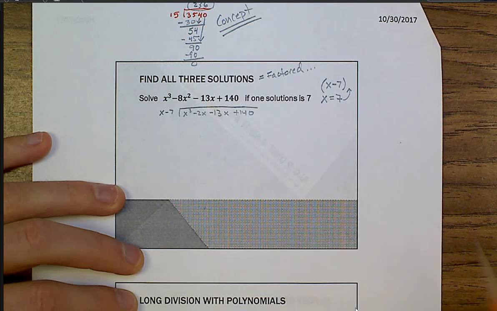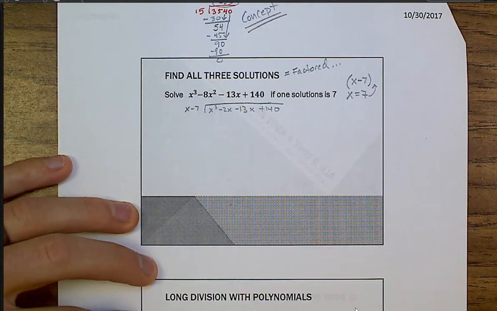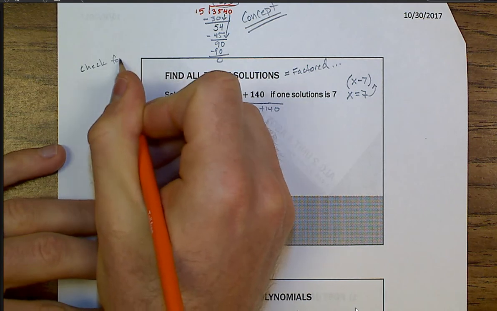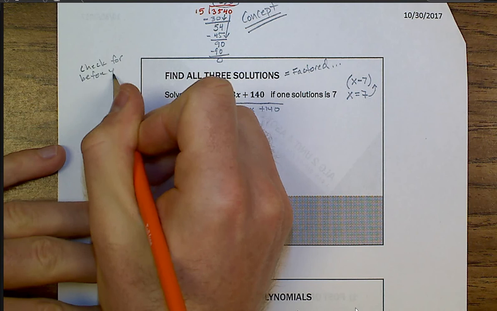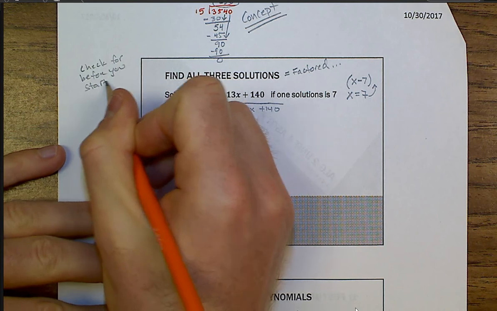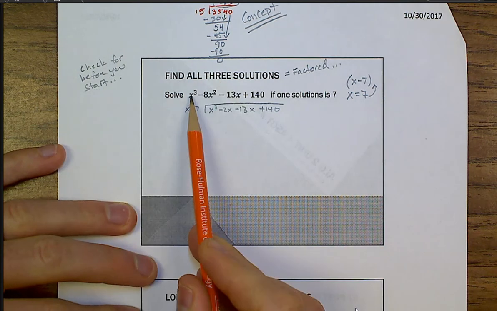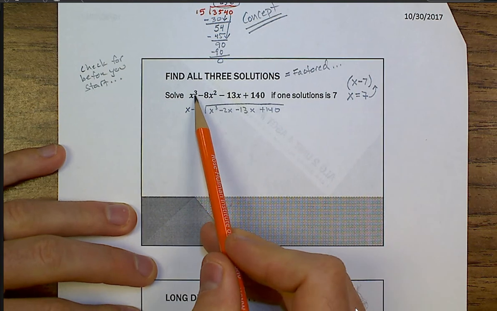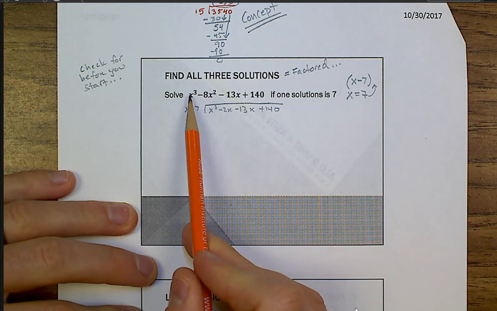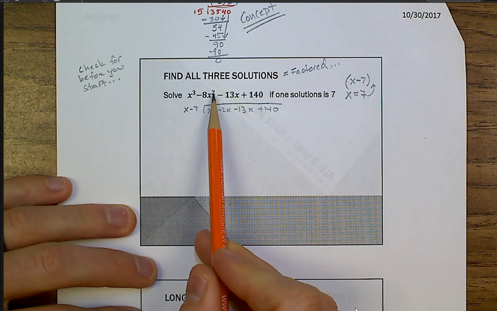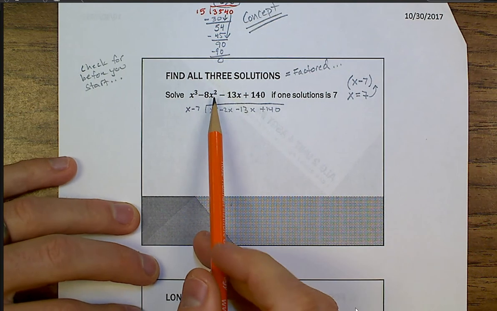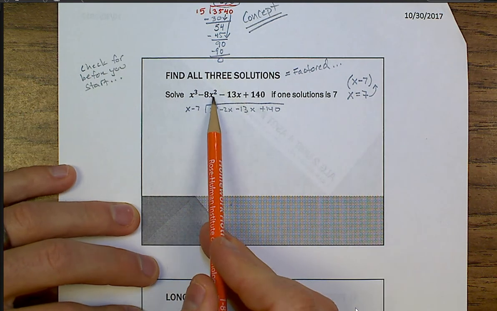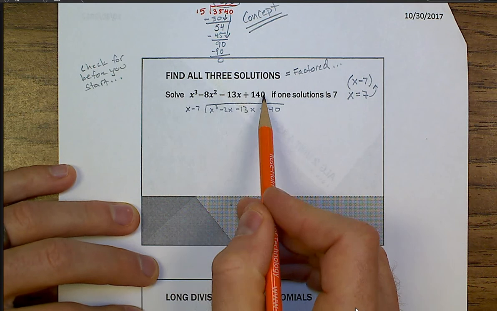One thing to keep in mind that you want to check before you start: you have to make sure you have an x to the 3rd, or whatever the highest degree is. It could be a 4, it could be a 5, but they have to go in order. If you have a missing term, you have to put in a 0x with that power for it. On this one, we have x to the 3rd, x squared, a single x, and a constant, so we're good to go.